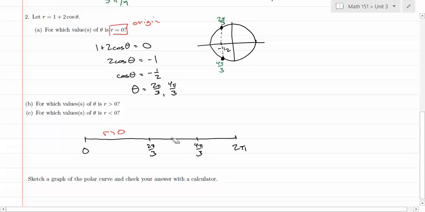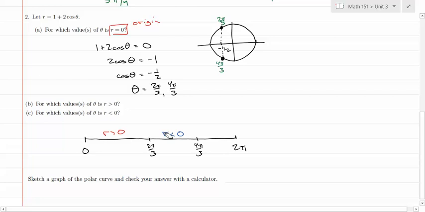If you plug in something between 2 pi over 3 and 4 pi over 3, like pi, cosine of pi is negative 1, so this would be a negative 2. 1 plus negative 2 is negative 1. So r is going to be negative for all of those theta values between 2 pi over 3 and 4 pi over 3.